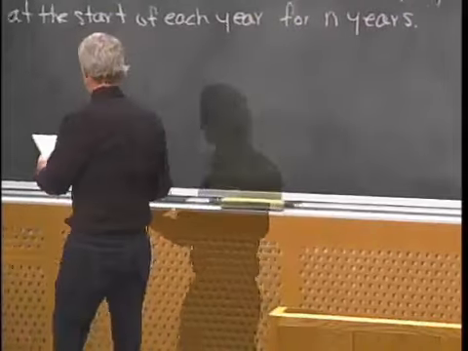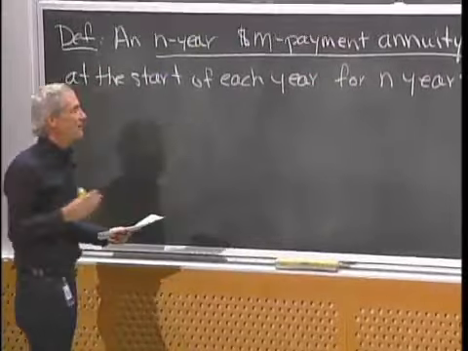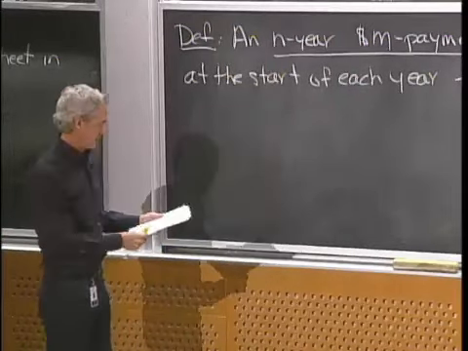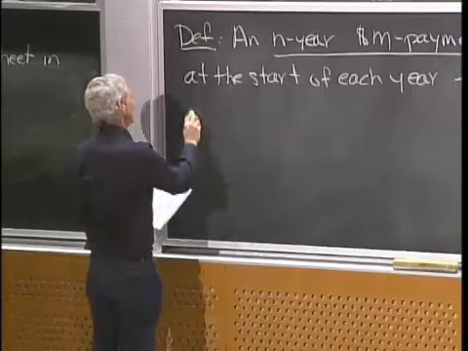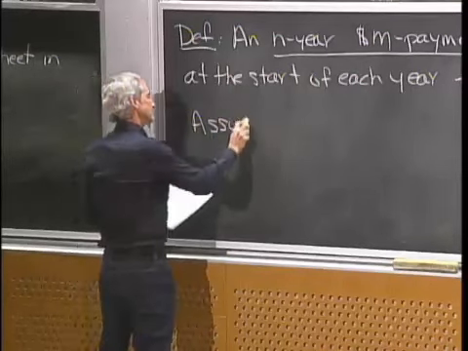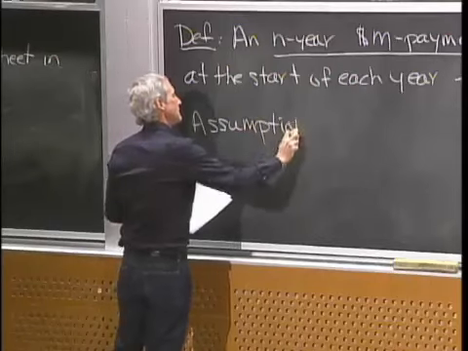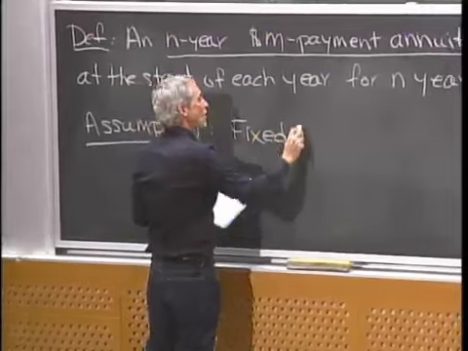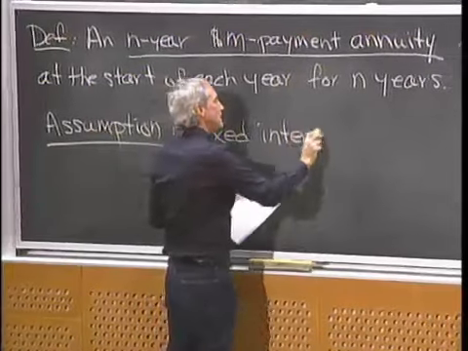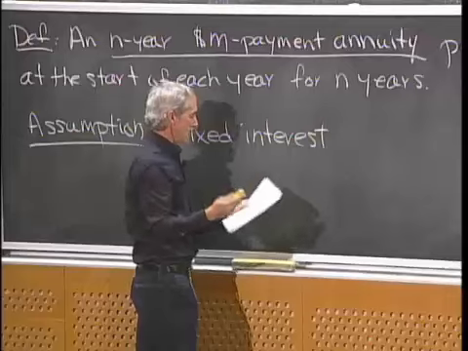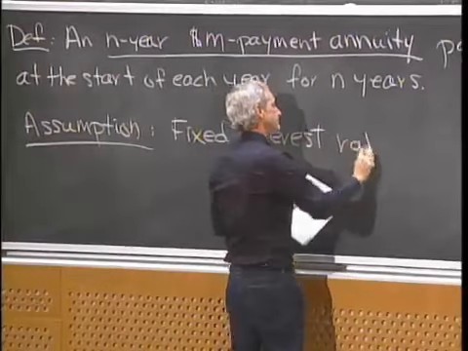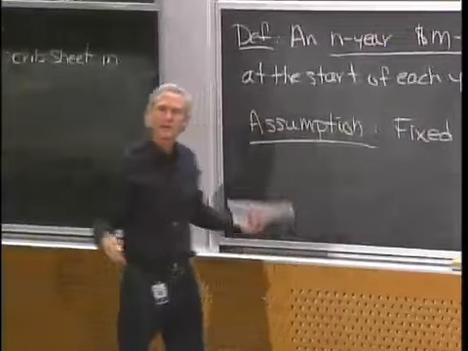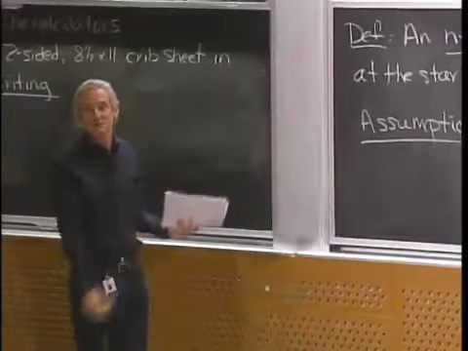Now, to do that, we've got to figure out what $1 today is worth in a year. Okay? And to do that, we make an assumption. And the assumption is that there's a fixed, we'll call it an interest rate. It's sort of the devaluation of the money per year. And we're going to call it P. Later we'll plug in values for P. But you could think of it as like 6%, 1%.